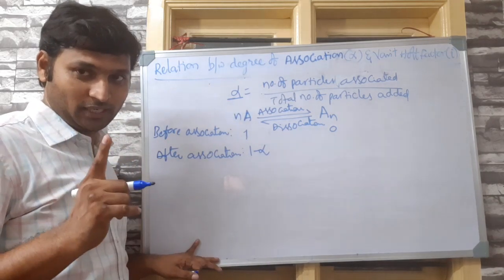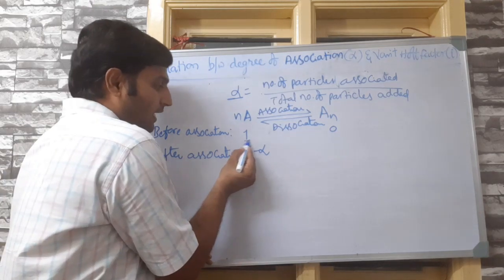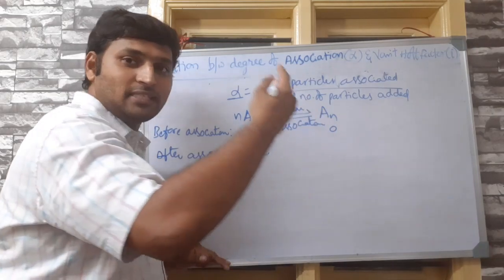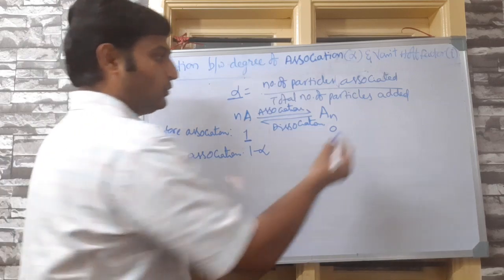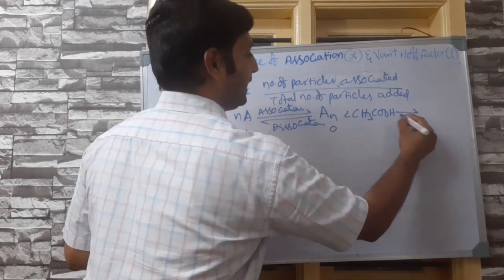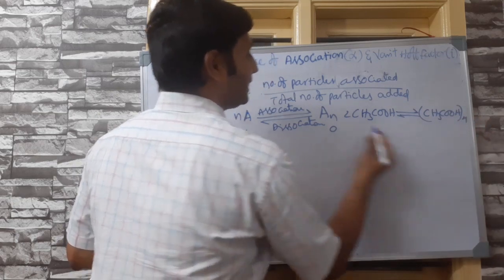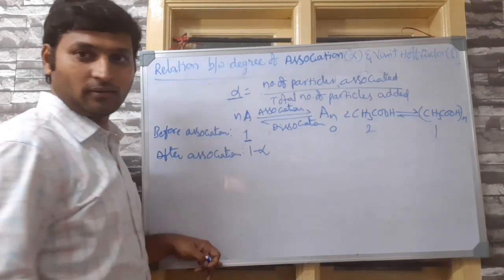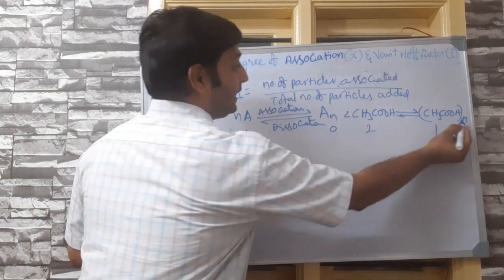Point number 1 to be noted. Number 2 to be noted. In every association, the number of particles is reduced n times. Suppose I take an example and explain. Say 2 moles of acetic acid is becoming 1 mole, right? That means 2 particles are becoming 1. How many times is it reduced?